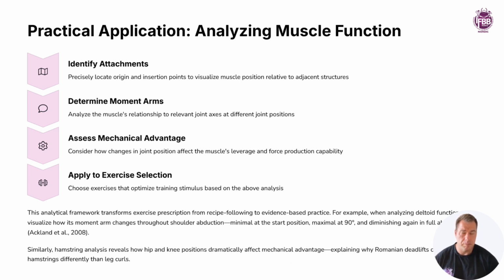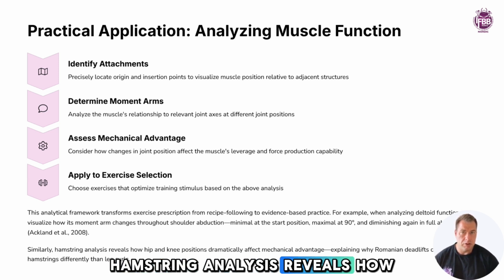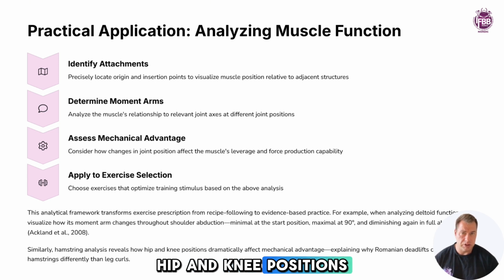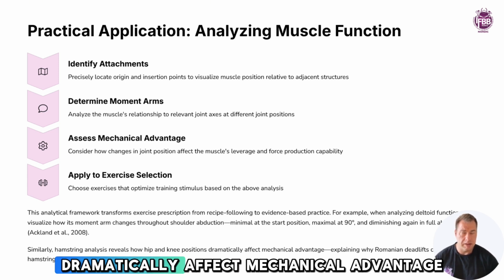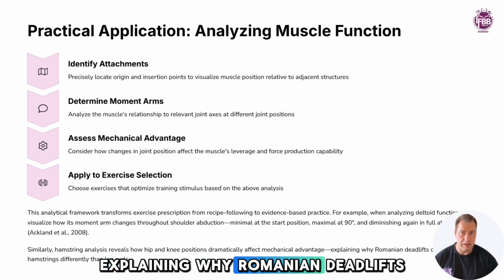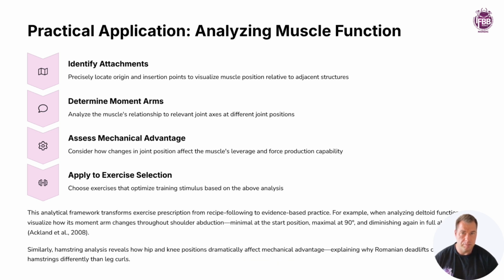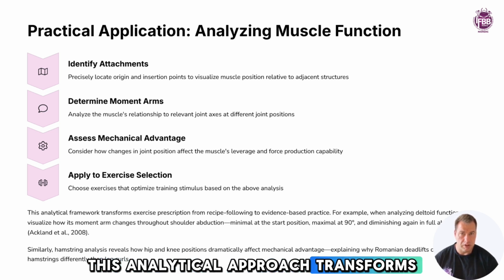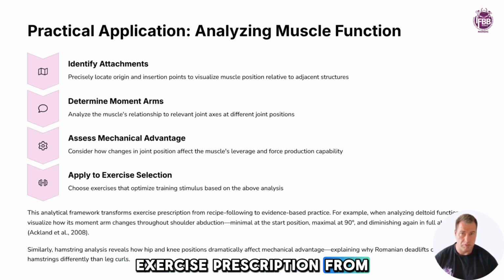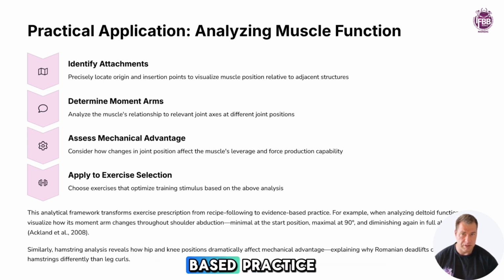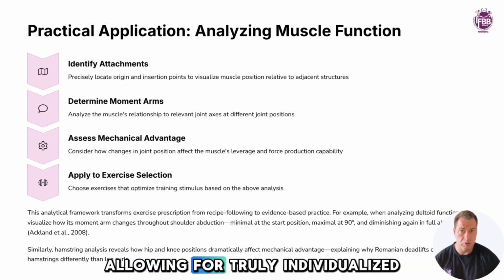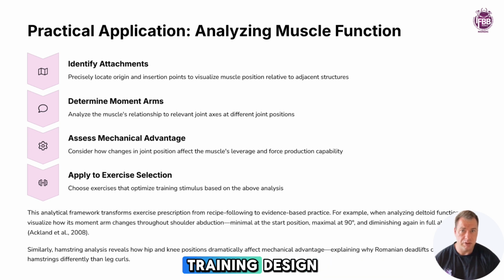Similarly, hamstring analysis reveals how hip and knee positions dramatically affect mechanical advantage, explaining why Romanian deadlifts challenge hamstrings differently than leg curls. This analytical approach transforms exercise prescription from recipe following to evidence-based practice, allowing for truly individualized training design.